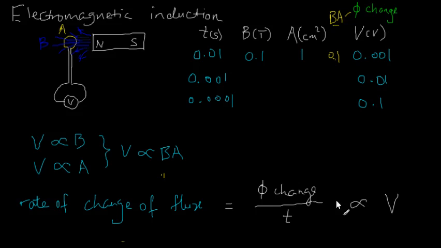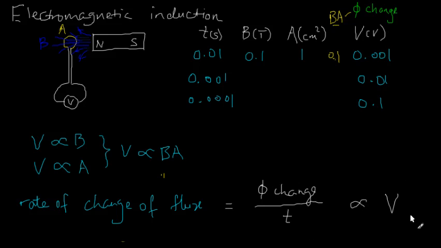Okay, these two are directly proportional in the sense that if I change the flux 10 times faster by moving the magnet away 10 times more quickly, then the voltage would increase by 10 times. Now this is an important observation.